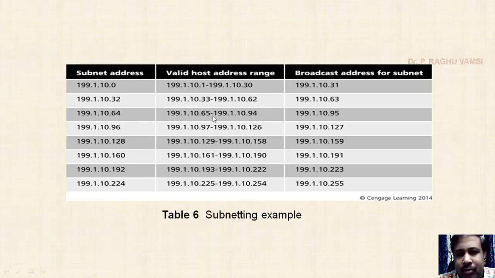If you have 20 computers, you can assign the IP addresses from 199.1.10.65 to 199.1.10.94. You can assign any IP address in this range, so that without any difficulty, you can assign the IP addresses.